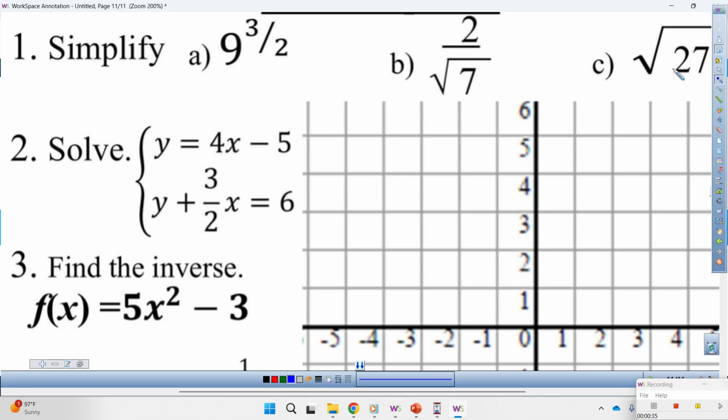Let's see, 1A. I need an answer for 1A. Let's see, who haven't we called on in a while, Julian? I'm saying, who haven't we called on in a while?